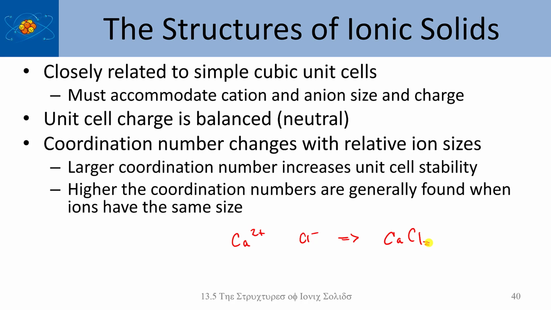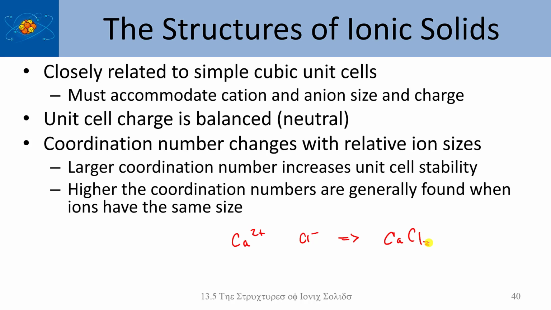Now, the coordination number: covalent bonds are limited by the number of bonds an atom can make, but ionic bonds are really only limited by the number of contacts they can make. So, in general, large coordination numbers make the unit cell more stable, but that's going to be sort of modified by the need to balance charge and the sizes of the ions.